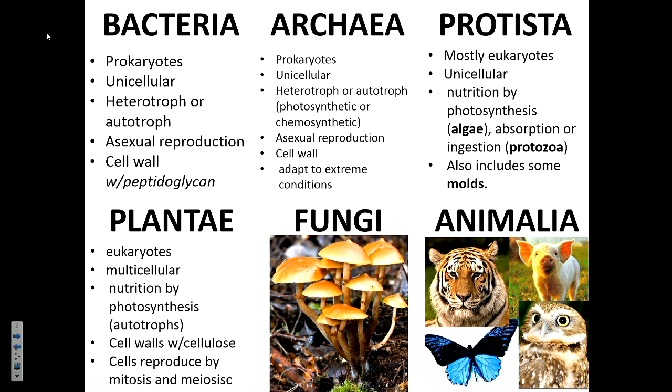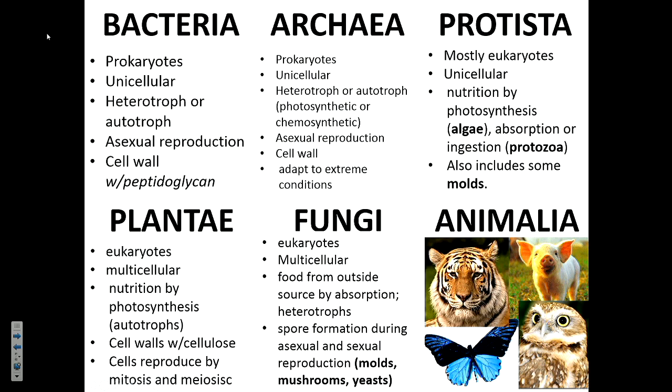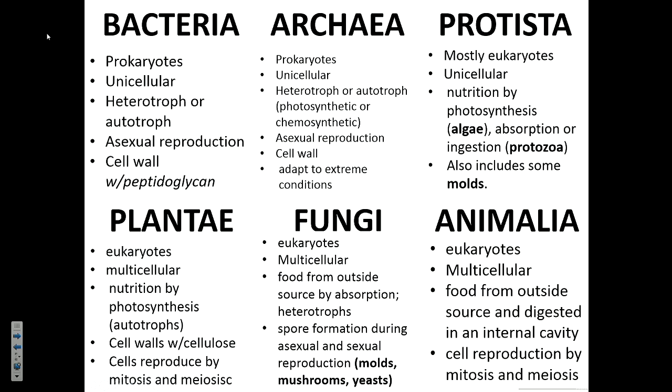They are autotrophic because they get energy from photosynthesis. They have the ability to make their food. Fungi are also in the eukaryotic domain, multicellular, and they get their food from outside sources, reproducing by making molds, mushrooms, and yeast. So you see that's in bold. You want to make sure that you know how they reproduce as well.